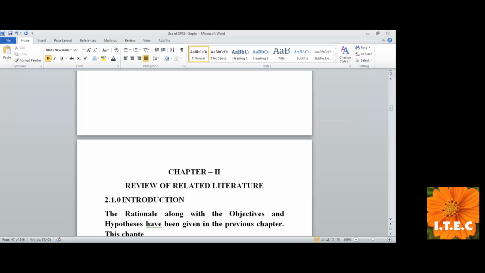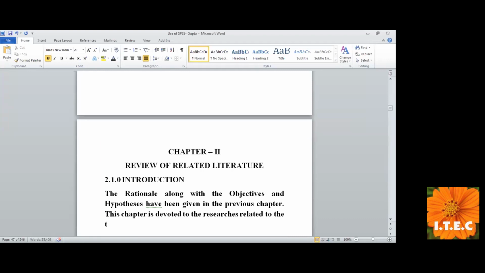This chapter is devoted to the researches related to the present study, related to the teaching of concepts.